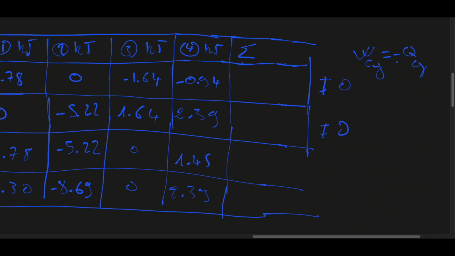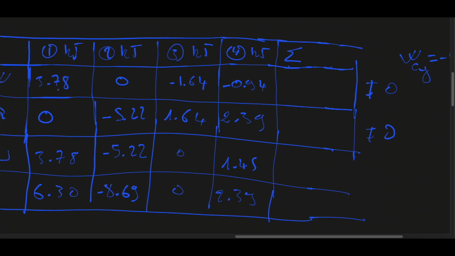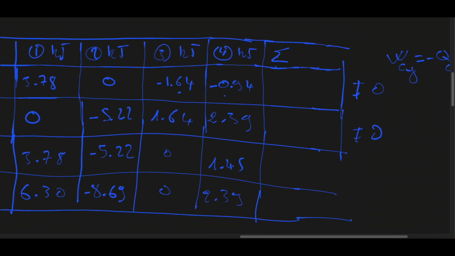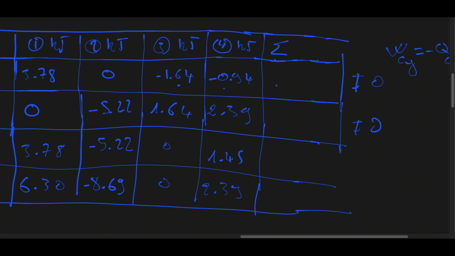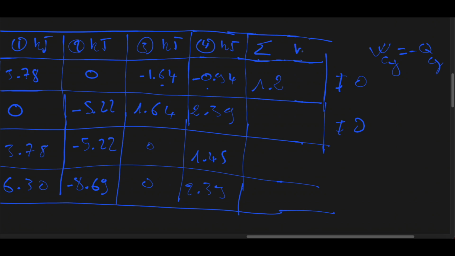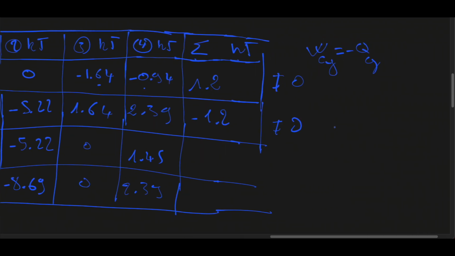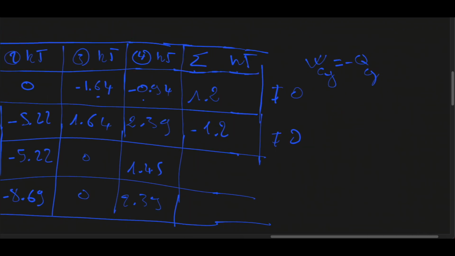They have the same value but opposite in sign. If we add this value, we'll find the value of 1.2 kilojoules. And here the same thing, it must be of opposite sign to the work. The same thing here, we have 1.2. Therefore, we have verified this relation.